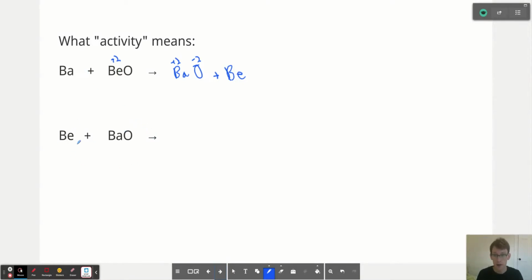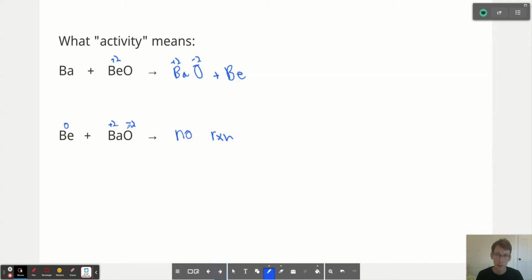On the contrary, if I tried to get this reaction to go, where beryllium would be replacing the barium that has already been oxidized to the positive 2 state, remember the beryllium is neutral, this isn't going to happen because barium is very comfortable in the positive 2 state, and beryllium is not active enough to displace the barium. So I will say no reaction.